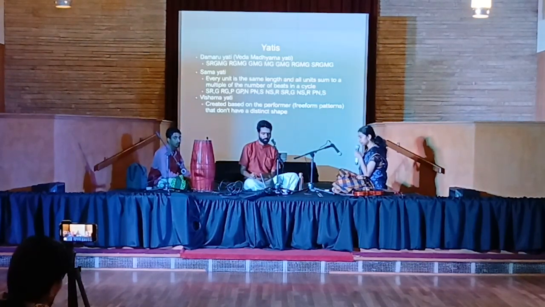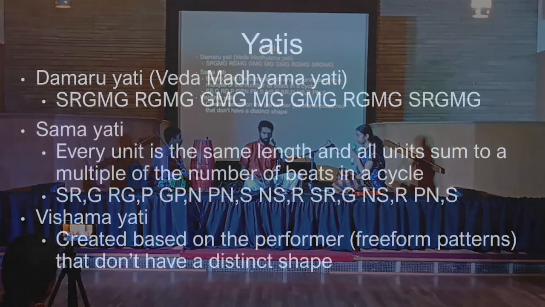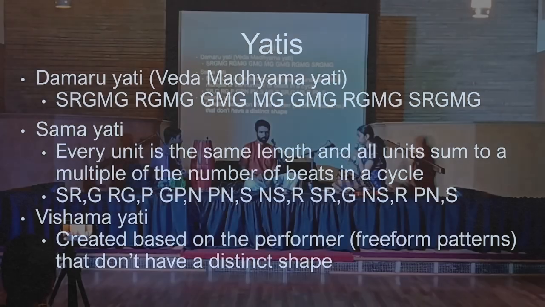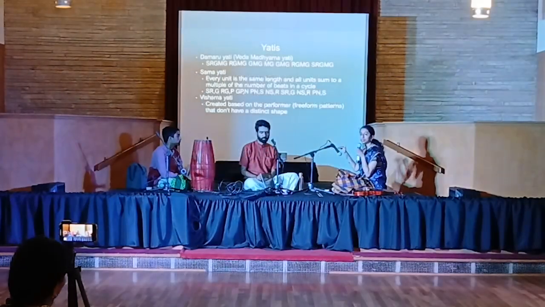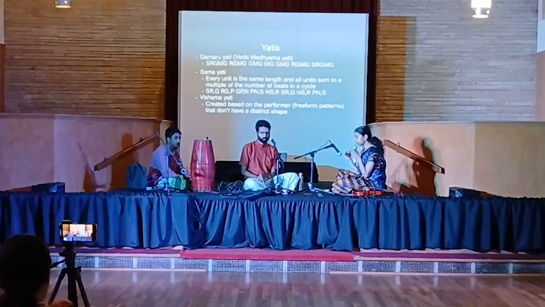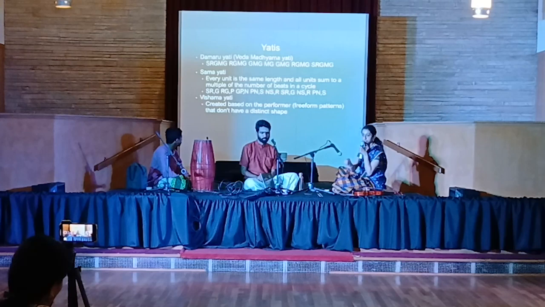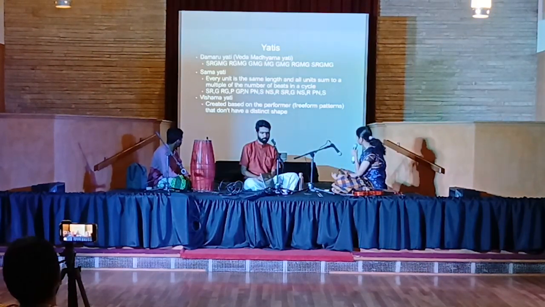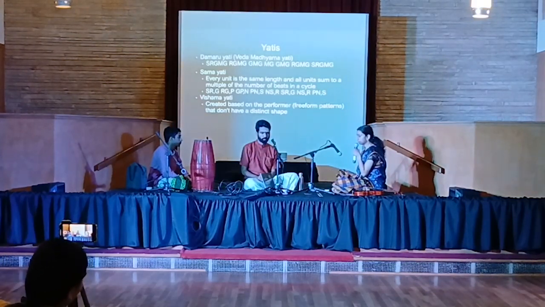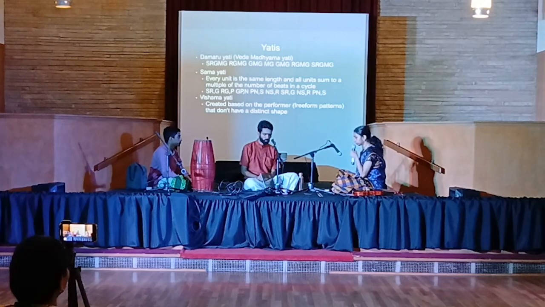And then the next yati I mentioned is the Samayati. Sama, we talked about it as referring to the beginning of the pattern cycle, but it can also refer to everything being the same, because Sama in Sanskrit means the same. So in this case, every unit has the same length, and all of the units have to sum up to the cycle of the pattern. The one I've written here is actually somewhat equivalent to the composition we just did before.